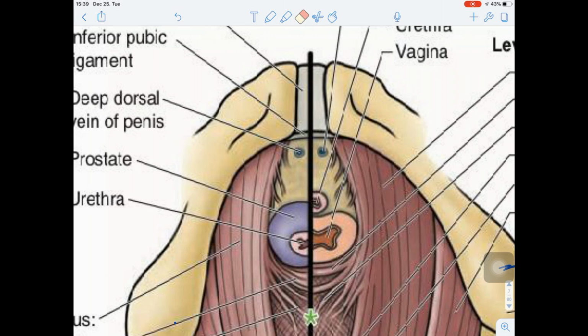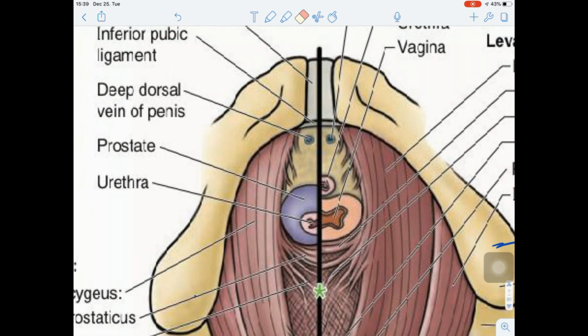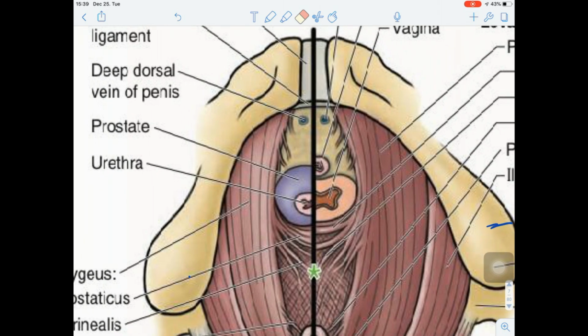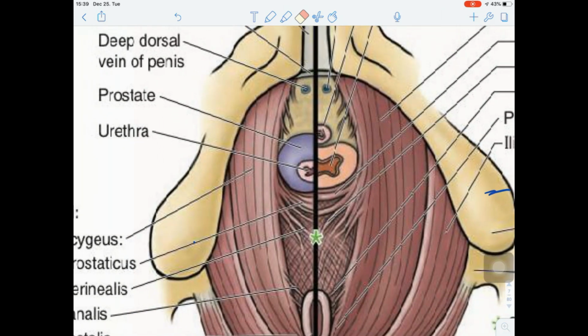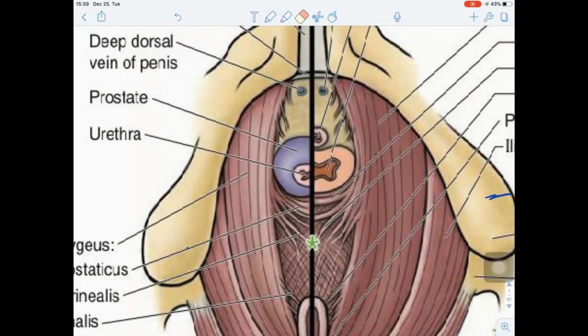What is the female equivalent of the prostate? That's not exactly my strong point. Let's see, I think it's going to be the paraurethral glands. Okay, cool, yeah, that's right. It's the paraurethral glands of the female. But males also have paraurethral glands.